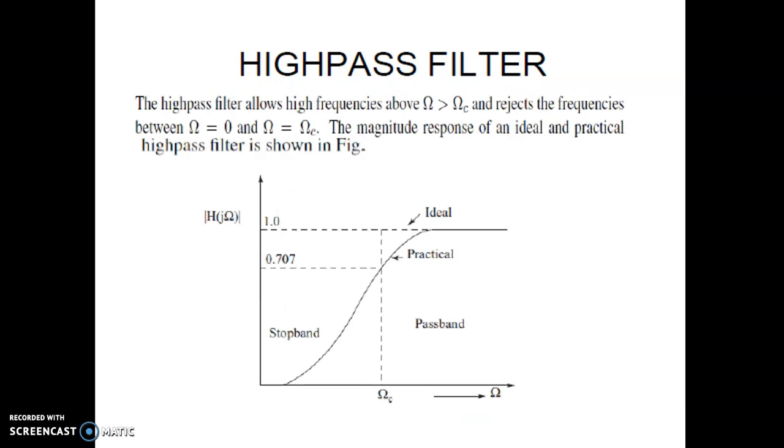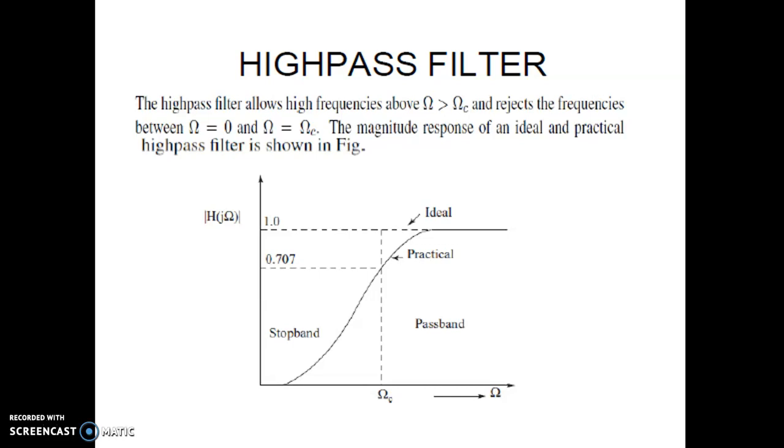Likewise, if you want to see a high pass filter, it has a frequency response the way it is shown, and the dotted one is an ideal high pass filter, whereas the one with the sloping line is a practical high pass filter.